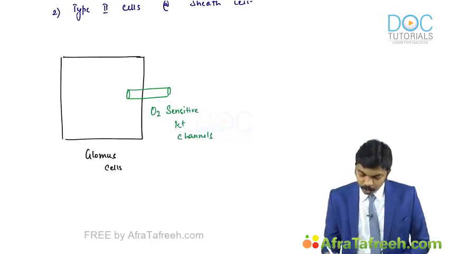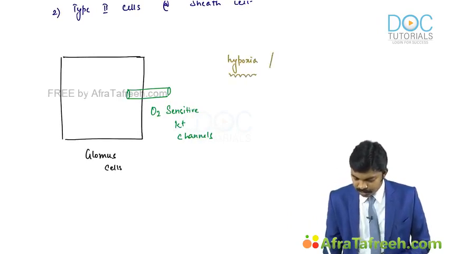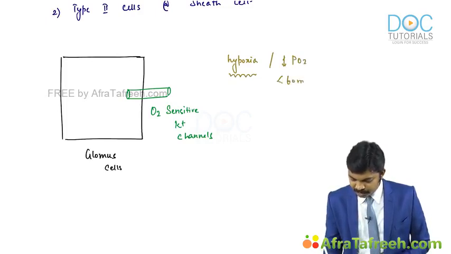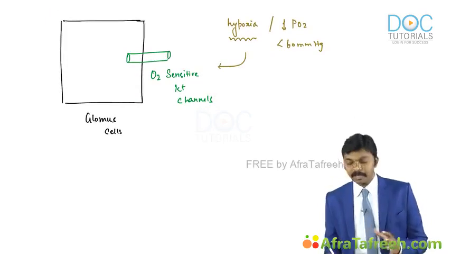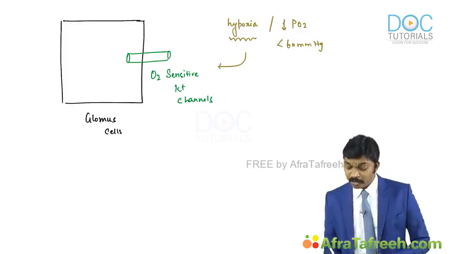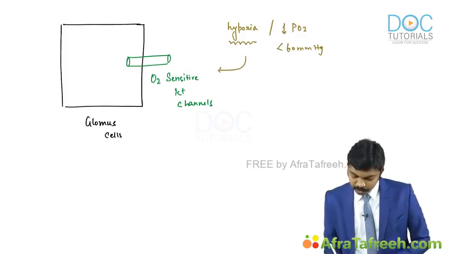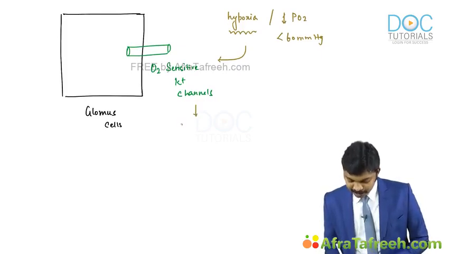What happens is whenever there is hypoxia, that is decreased partial pressure of oxygen less than 60 millimeters of mercury, this hypoxic environment closes the gates of the oxygen sensitive potassium channel. So, during hypoxia, the oxygen sensitive potassium channel gets closed.